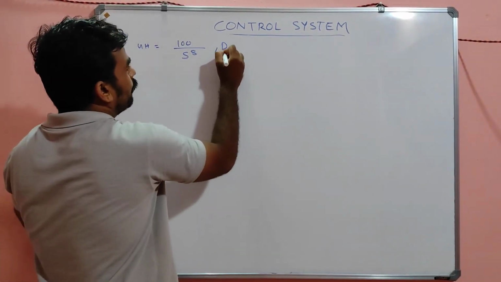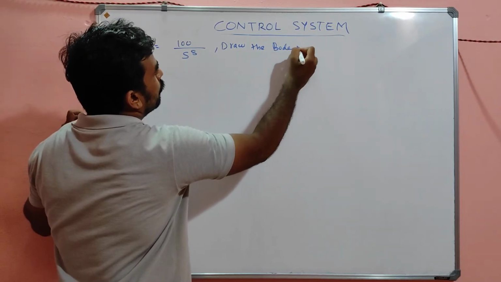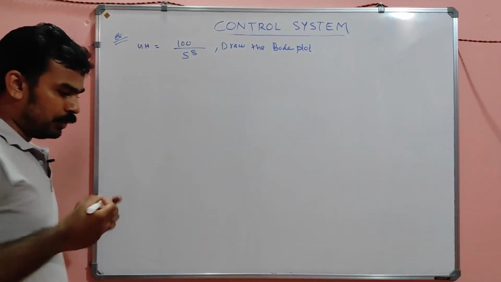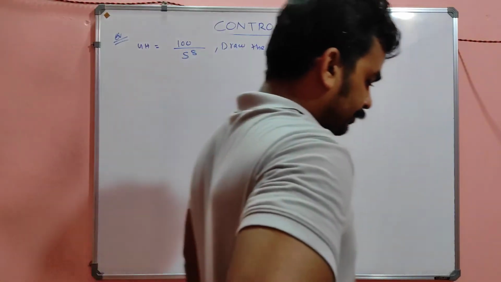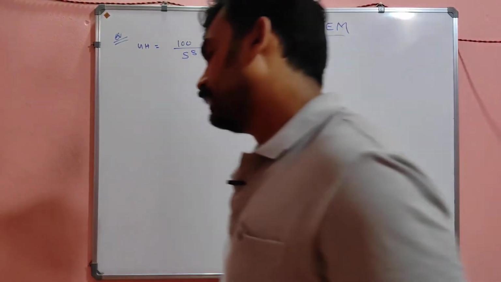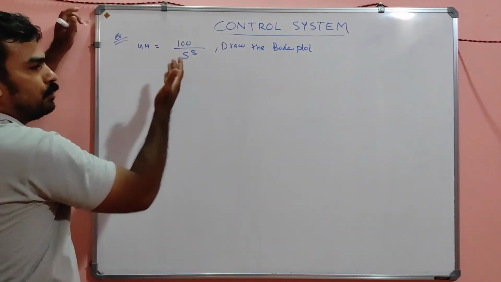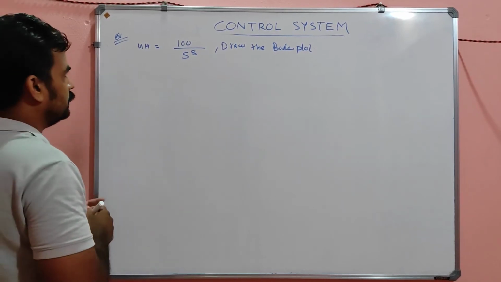Draw the Bode plot. So for the general term, if you start to substitute s equal to j omega and continue like that, it will take more and more time, my dear.